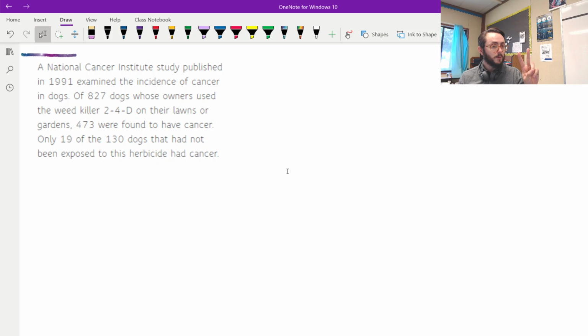Two outcomes. Cancer, no cancer. I guess we're going to call a success as one of the dogs having cancer, which is how stats works.